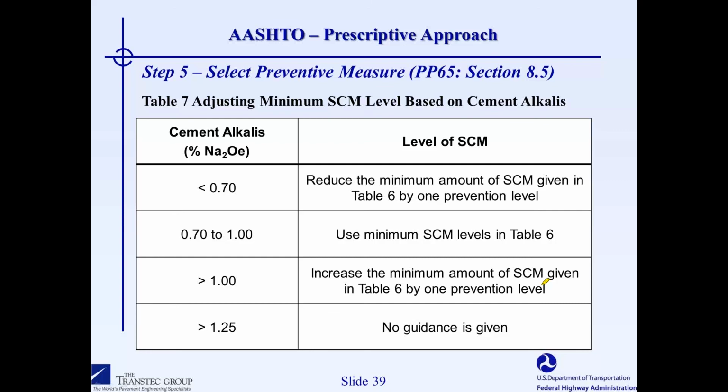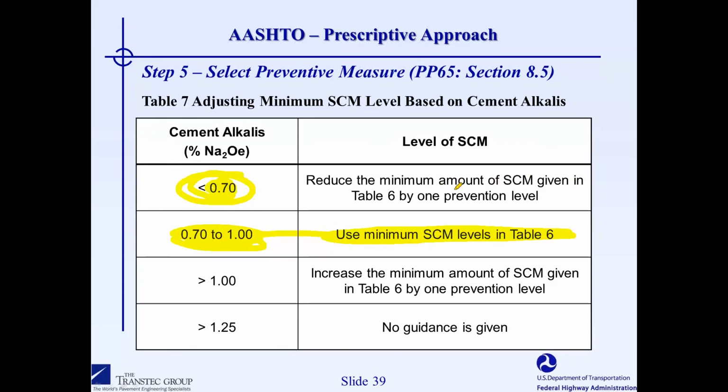After you've gone through Table 6, you can adjust the answers in Table 6 based on the cement alkalis. The data in Table 6 were basically generated from studies using moderate to high alkali cements in this range here. What we're saying is if you have a lower alkali cement here, you can actually reduce the minimum amount of SCM given in Table 6 by one prevention level.